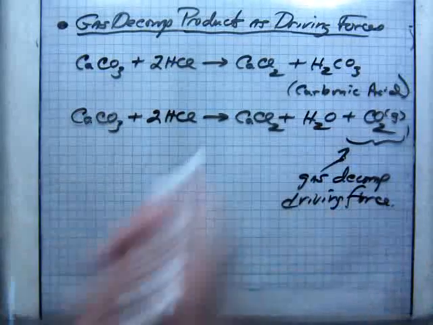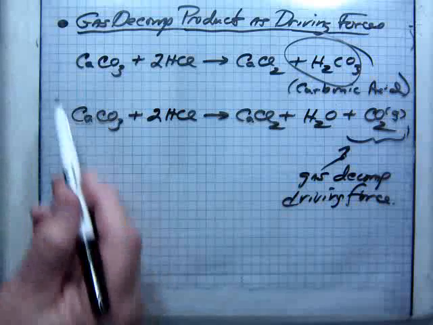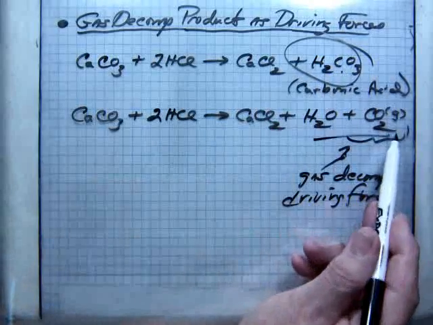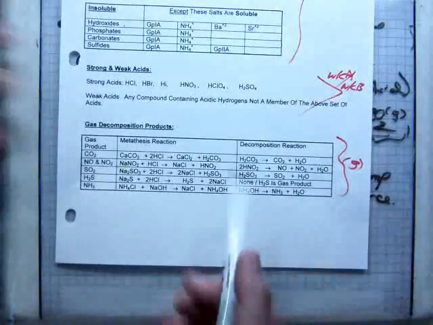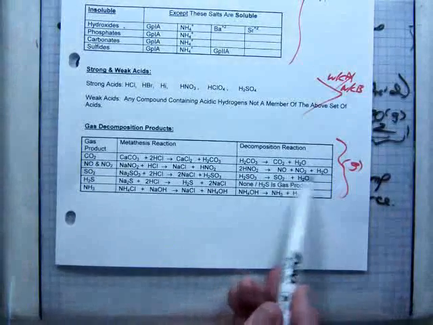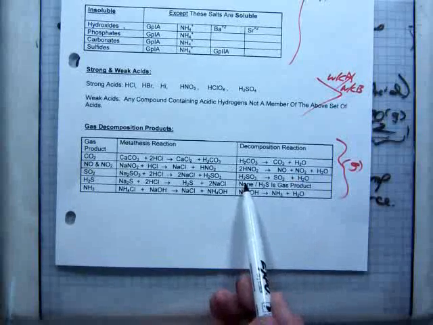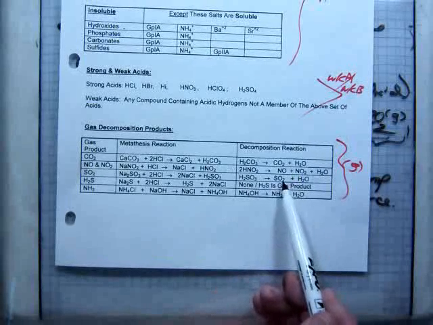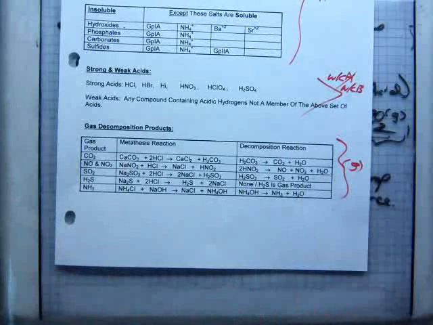So you need to get comfortable with this: when you solve a metathesis reaction and out comes carbonic acid, you know you have to write in the products of that decomposition. Well, that's not the only one in the collection. If you come out with nitrous acid, you have these gas phase components as driving forces. If you come out with sulfurous acid, you have these components. So this will be in front of you, but at least you check. Now H2S is a driving force in itself.